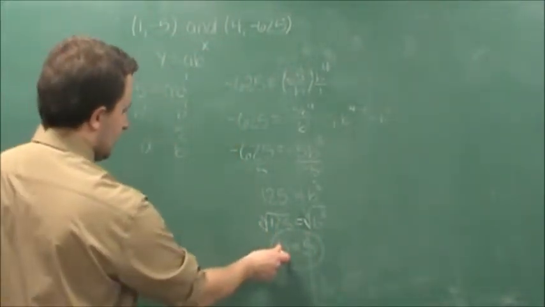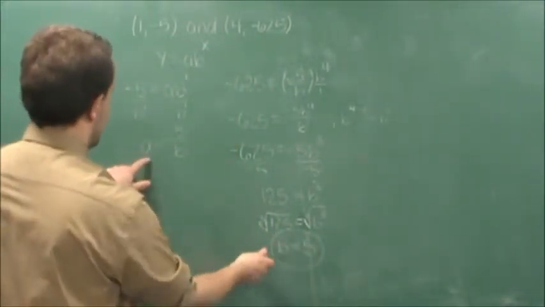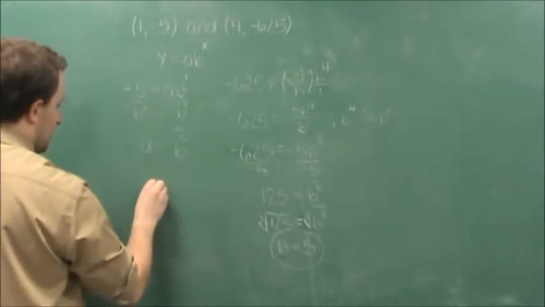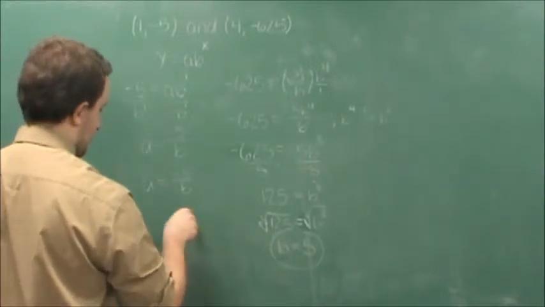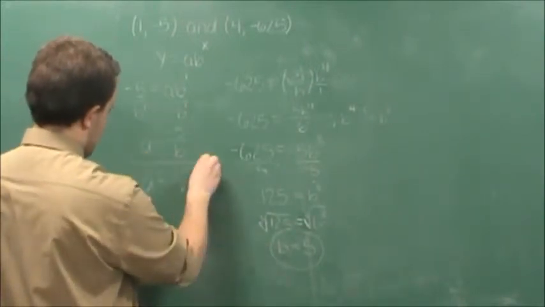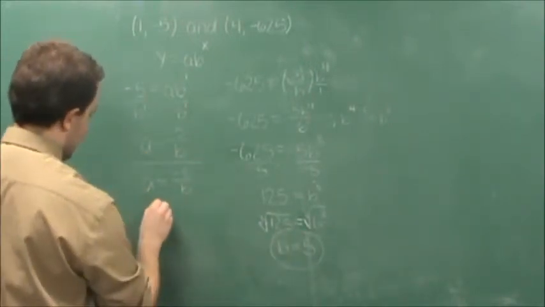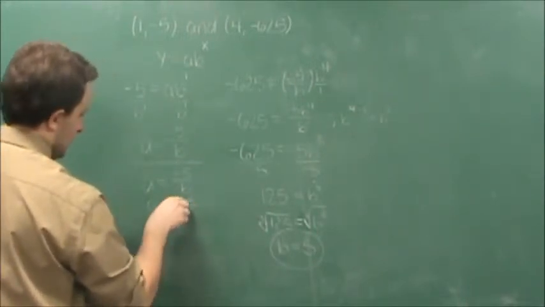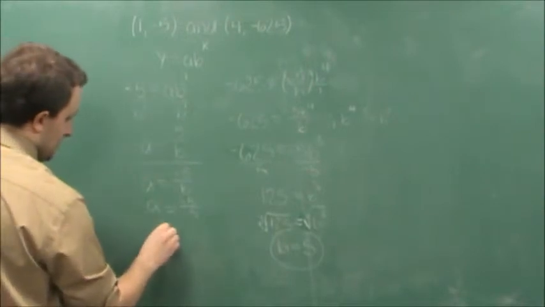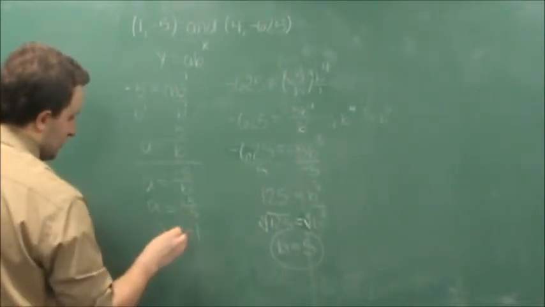Now we can plug this value of b back in for a. So we have our value of a is equal to negative 5 over b. In this case, wherever there's a b here, we're going to replace it with a 5. So we have a equals negative 5 over 5. And negative 5 over 5 just gives us a negative 1.